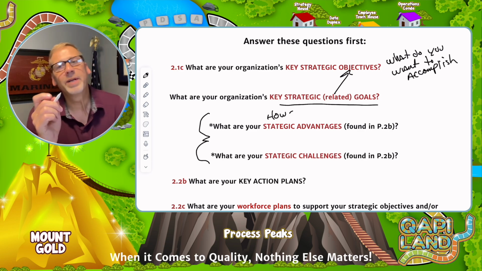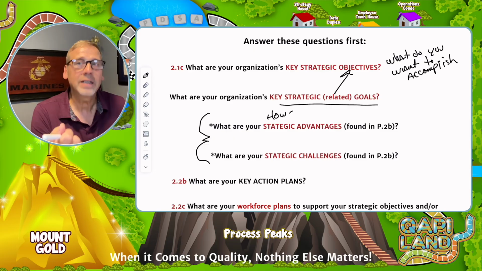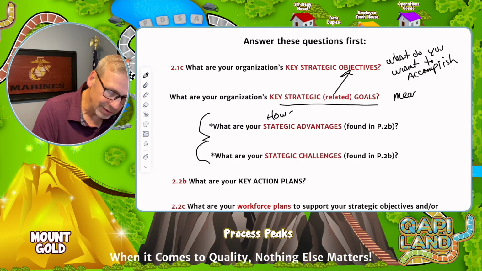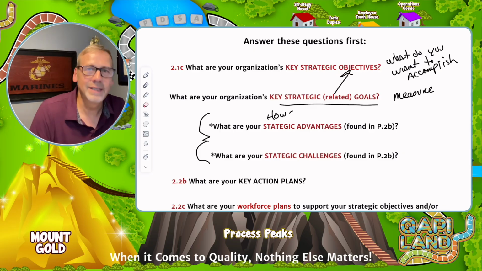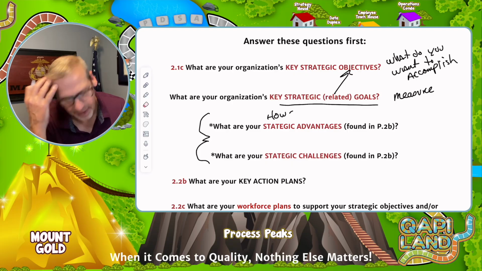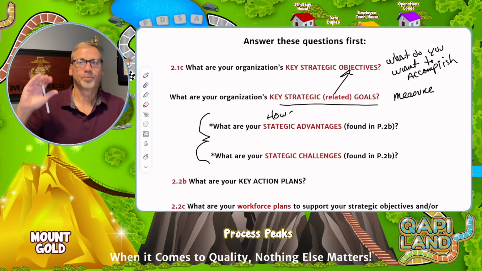The difference between an objective and a goal is an objective is what you want to accomplish, and a goal is a measure. It's a percentage. It is a day. It's census. It's a PPD number. It's a DSO, a days sales outstanding.